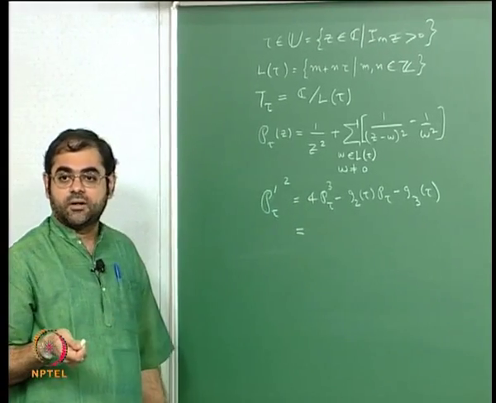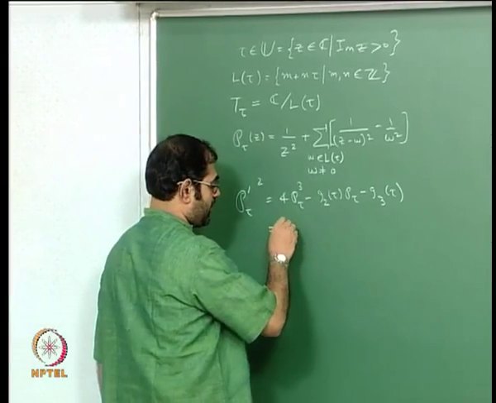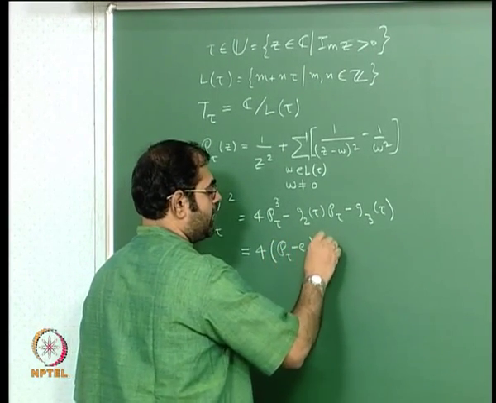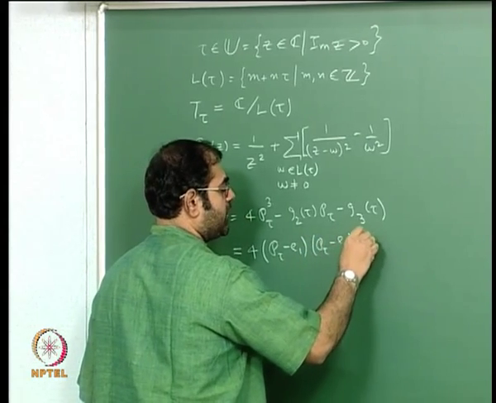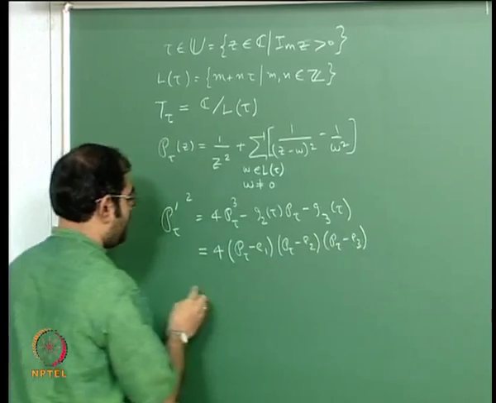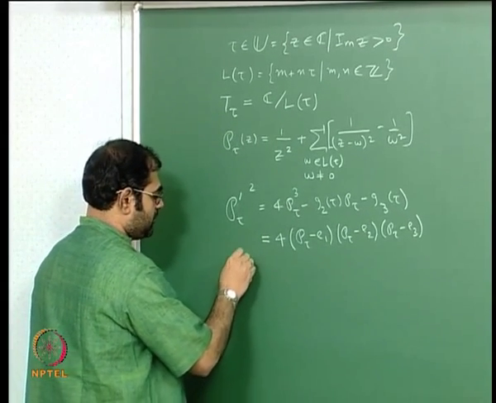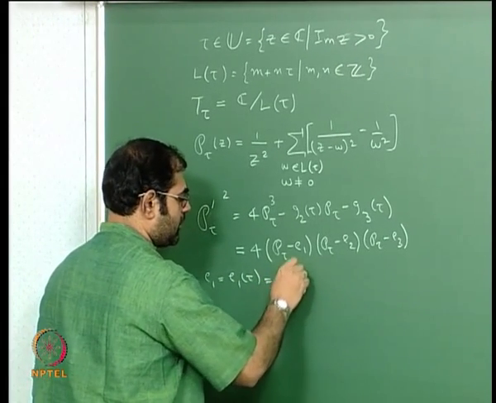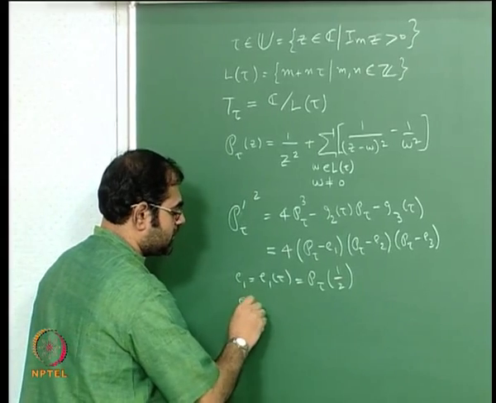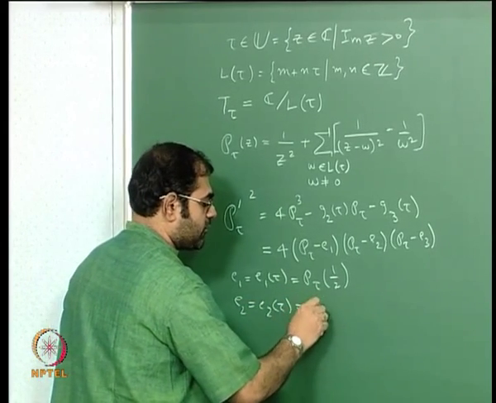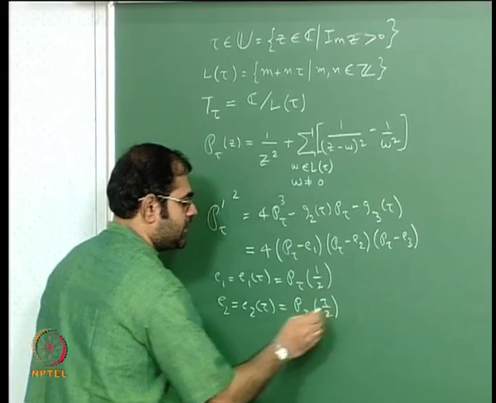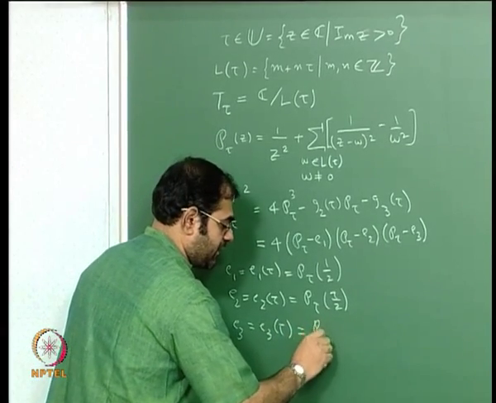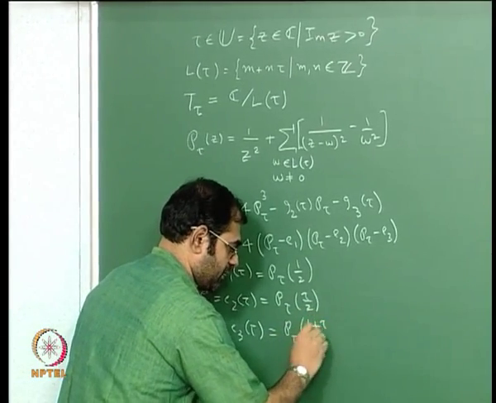which is what we used to define the modular function lambda. If you recall, we factorize the right side as P tau minus e1 into P tau minus e2 into P tau minus e3, where e1 of tau is P tau of half, e2 of tau is P tau of tau by 2, and e3 is also dependent on tau, it is P tau of 1 plus tau by 2.